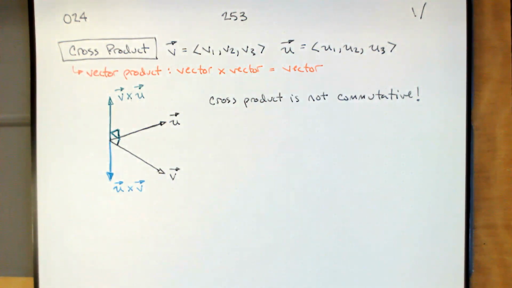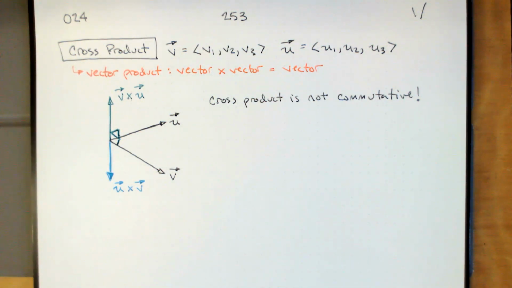For a lot of people, this is the first multiplication that we come across that's not commutative. Normally, A times B is equal to B times A. But in this case, V cross U is not equal to U cross V.